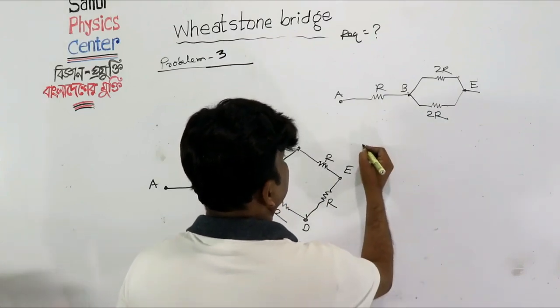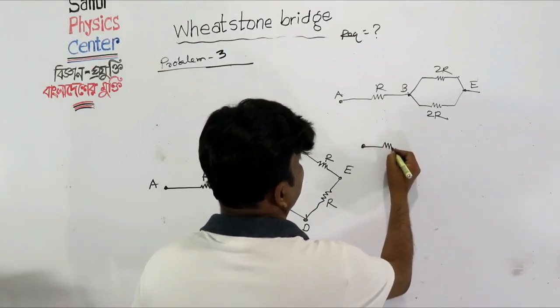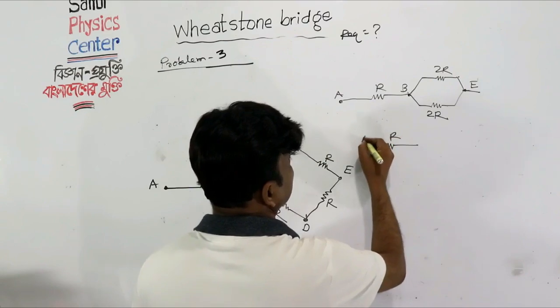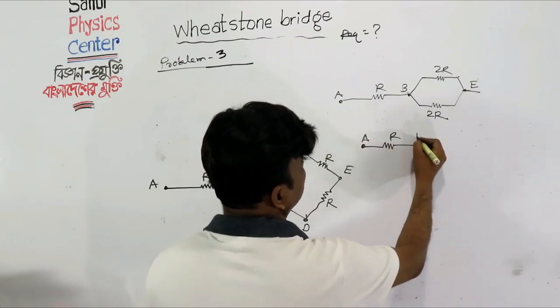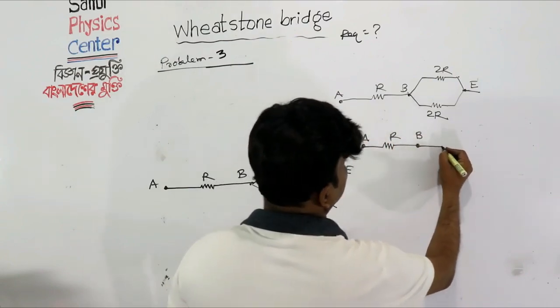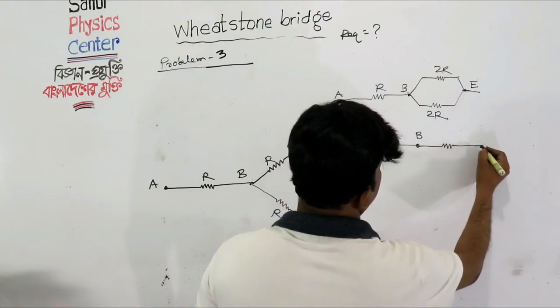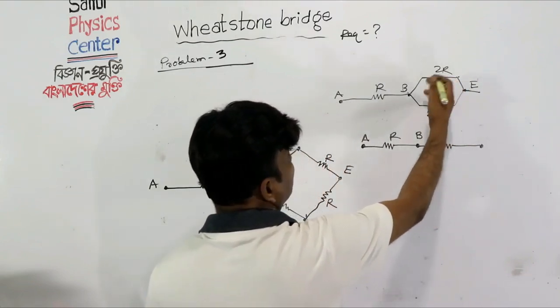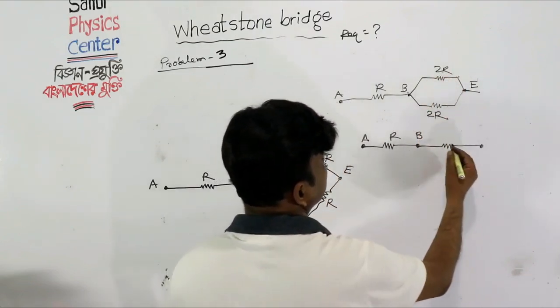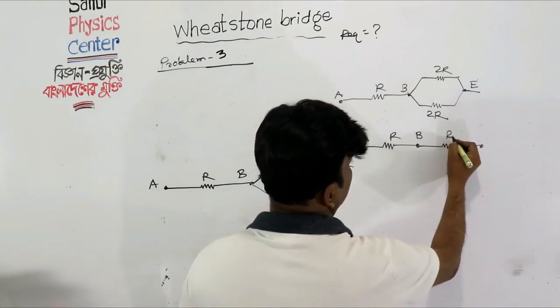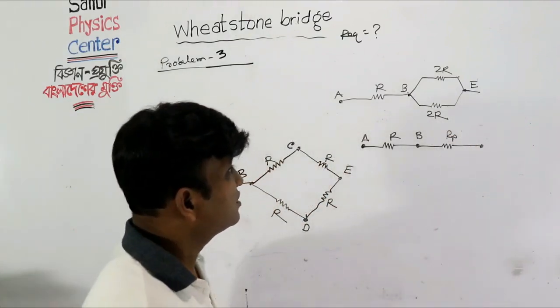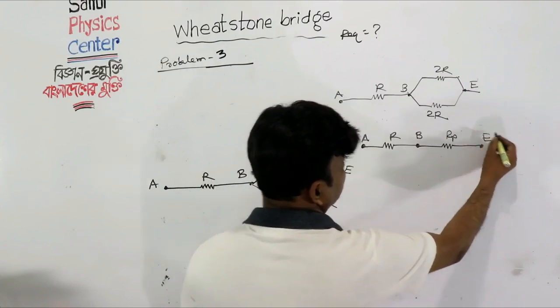So we can again rearrange it as R, this is A to B, and here the equivalent resistance of the two resistances is, suppose, Rp. This point is E.